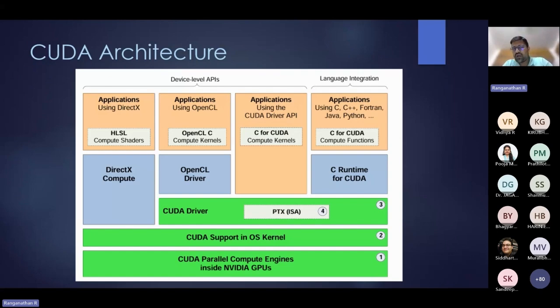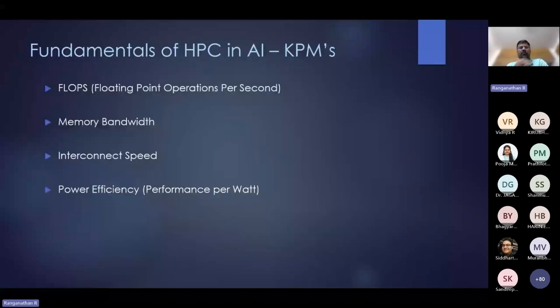Then you have the OS kernel support, and then you have the CUDA drivers, and finally you have support for legacy languages like Fortran, but also latest languages like C, C++, and so on. And then depending on the application that you're going to build, be it deep learning, machine learning, or even computer vision for that matter, you have different drivers available because of which NVIDIA has been very optimal, right? So that was one of the things.